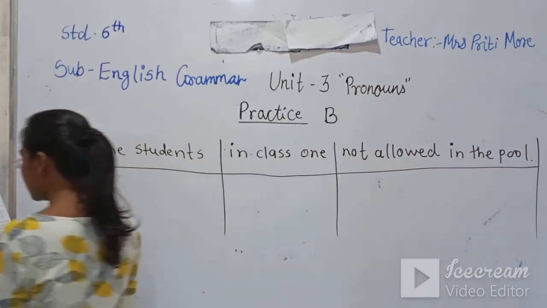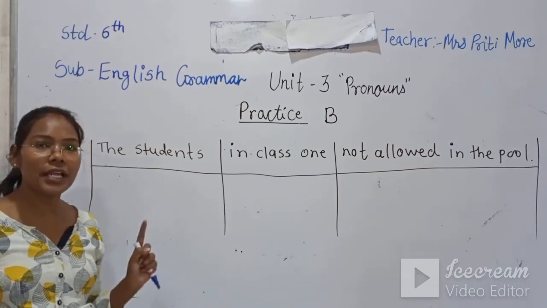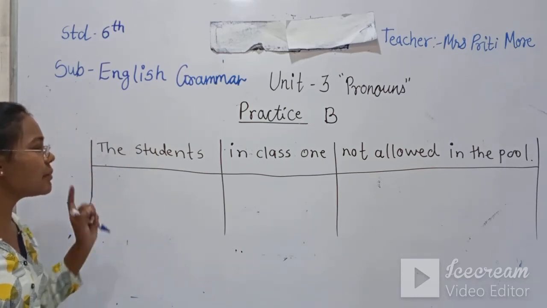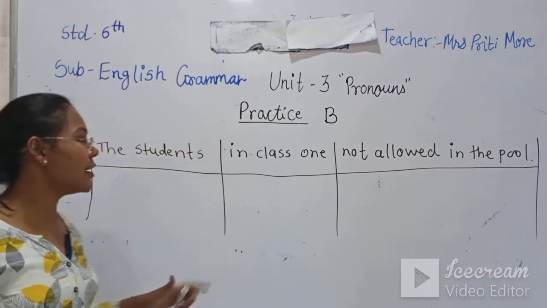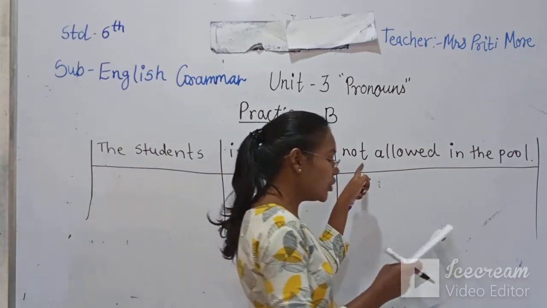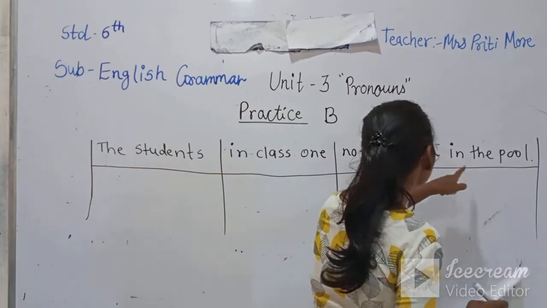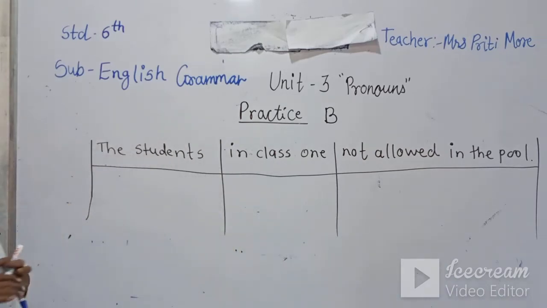Now, sentences like these are there, the student, and we have to use the appropriate relative pronoun. That means by using relative pronoun, we have to join this sentence. The students in the class were not allowed in the pool. So, what will the sentence be?